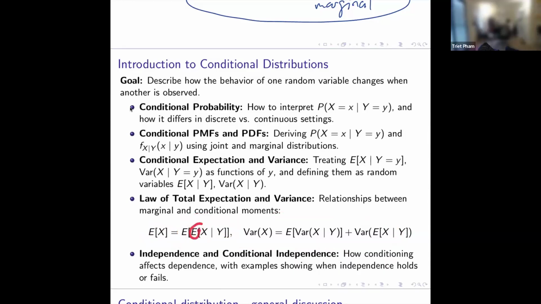In the inner layer, you can treat Y as a fixed value, that's fine, which is what you do. But when you move to the outer layer, because you take expectation, you have to treat Y as a random variable. If you fail to do that, you will not recover the original expectation.